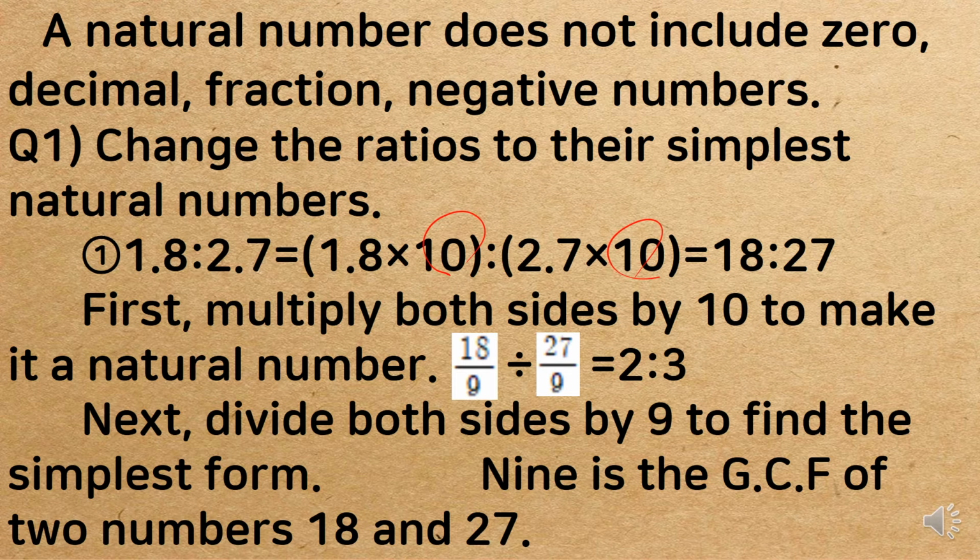Then they become 18 to 27. Next, divide both sides by 9 to find the simplest form. 9 is the GCF of the two numbers 18 and 27. So finally they become 2 colon 3.